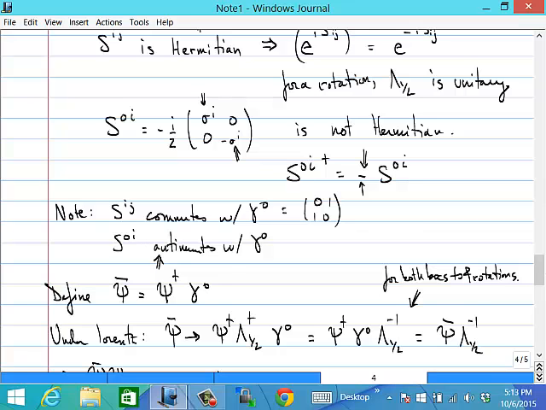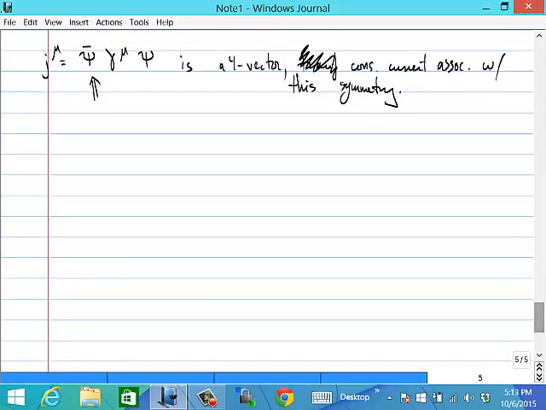Okay. So let's study the Dirac equation in a bit more detail. By the end of class today, we'll start writing down the solutions to the Dirac equation. But the first thing I want to do is write the Dirac equation a little more explicitly in 2x2 form.